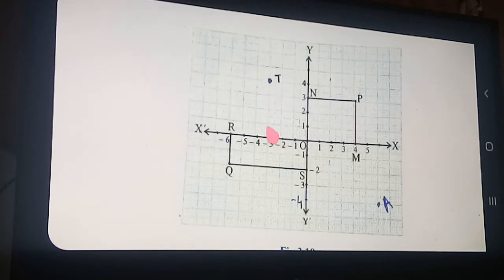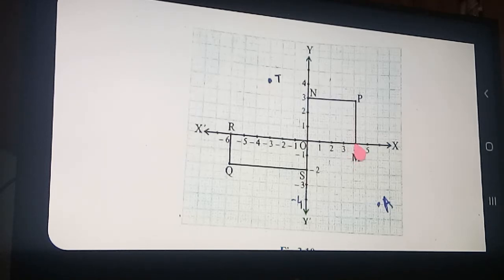Sometimes MCQ questions or 1 mark questions can be asked, so you want to know the idea properly. How do you find the x coordinate? You draw a perpendicular from the point P to the x-axis, and the number where it meets is called the x coordinate.